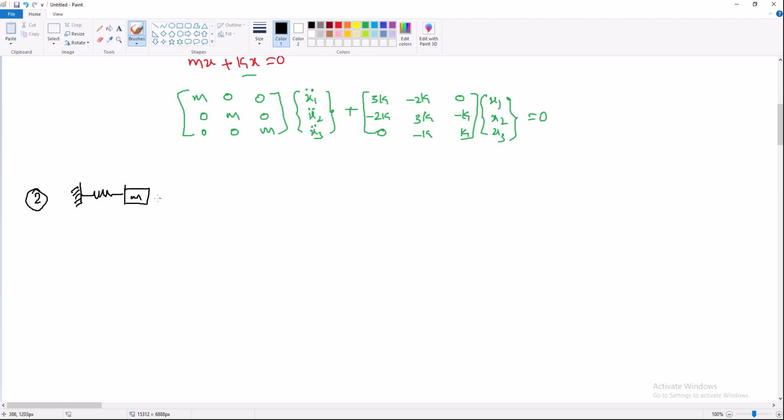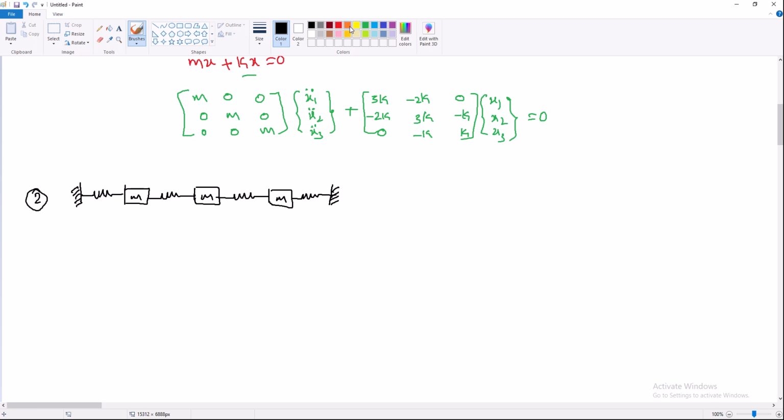This is mass m, and I have one more stiffness connected to the second mass, and one more stiffness connected to the third mass. This is m, and this mass is connected to one more end like this, right?